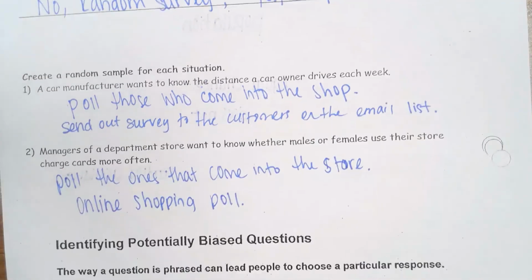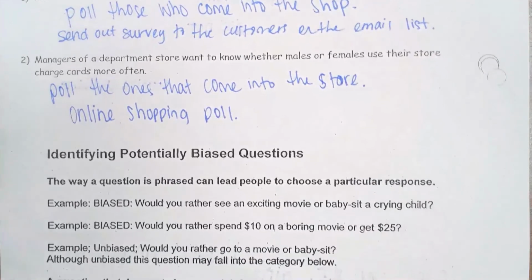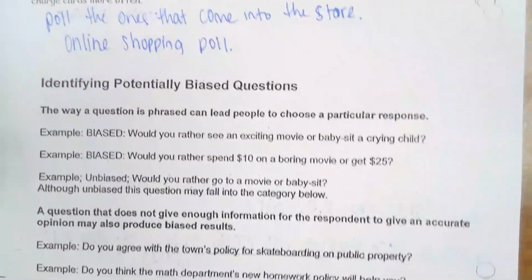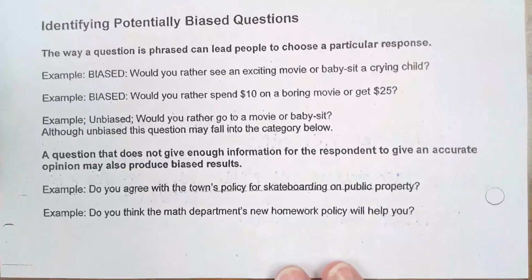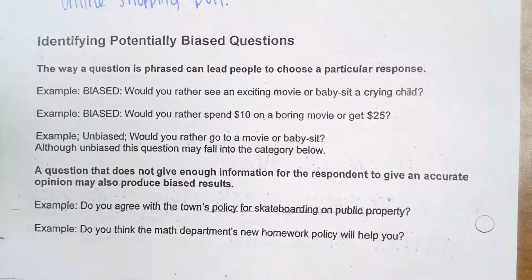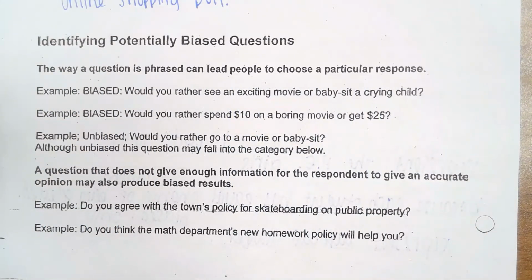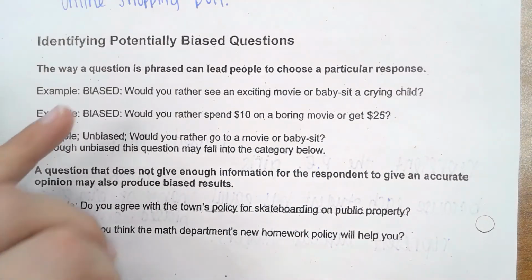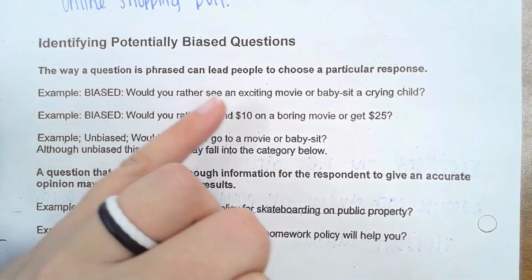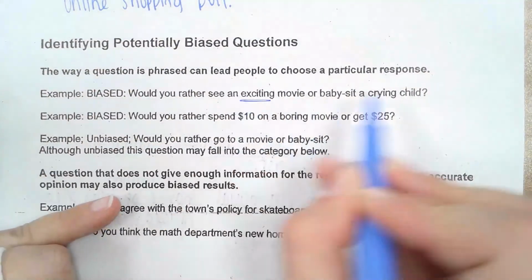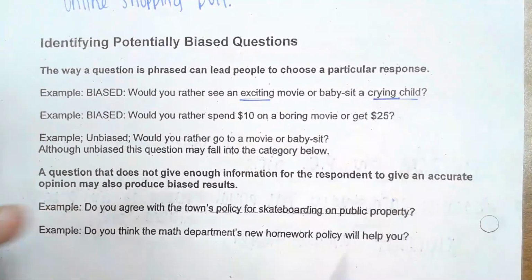All right, and then at the bottom here, these are just some examples of biased and unbiased, in other words, random questions that you guys can think about. The way that a question is phrased can lead people to choose a particular response. An example of this would be, would you rather see an exciting movie or babysit a crying child?